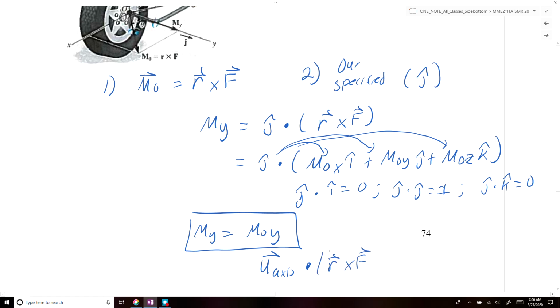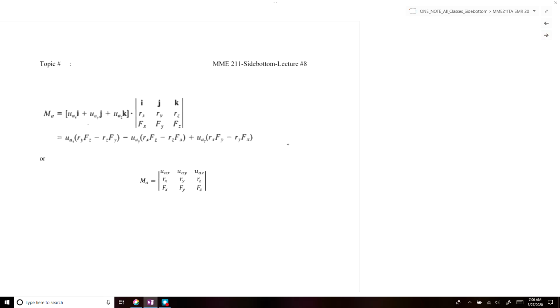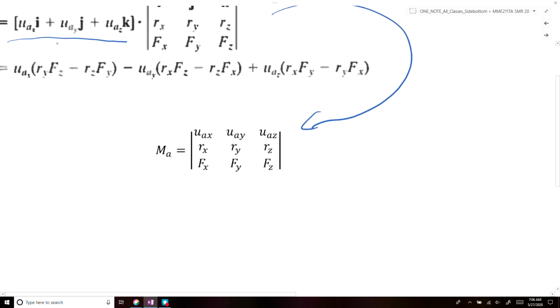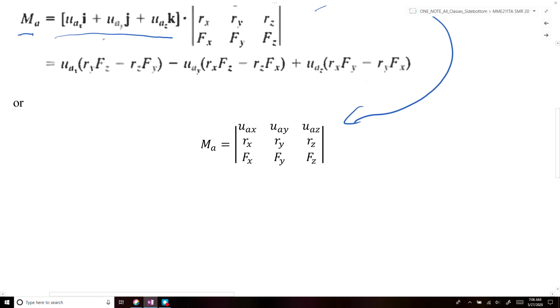In Cartesian form, the moment about an axis is the dot product of the unit vector with the cross product of r and F. We can rewrite this using a single determinant. It's really nice that you can write it as a single determinant. It saves you a little bit of time, since you don't have to take the determinant of the matrix first and then do the dot product.